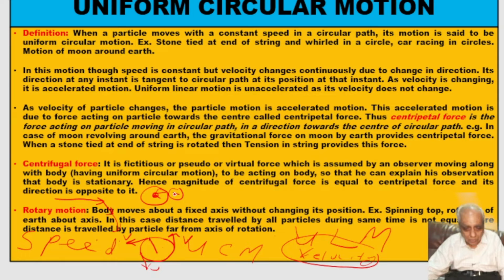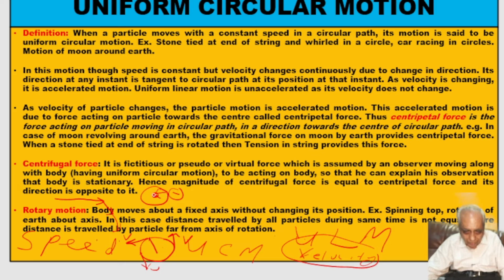Now, instead of the electron, take this moon, and this is the earth. The moon is rotating around the earth because the earth is attracting the moon towards the center. So the moon is making a circular orbit. Whenever there is a circular orbit, some force is acting on that body toward the center.